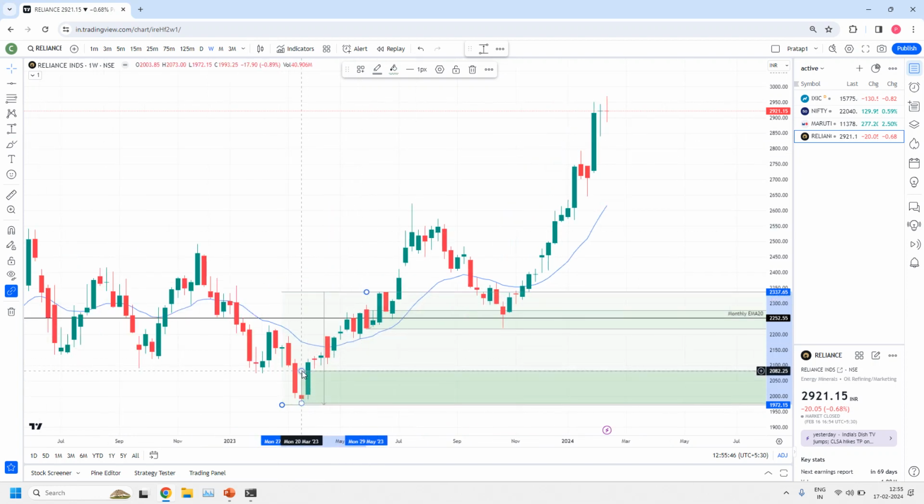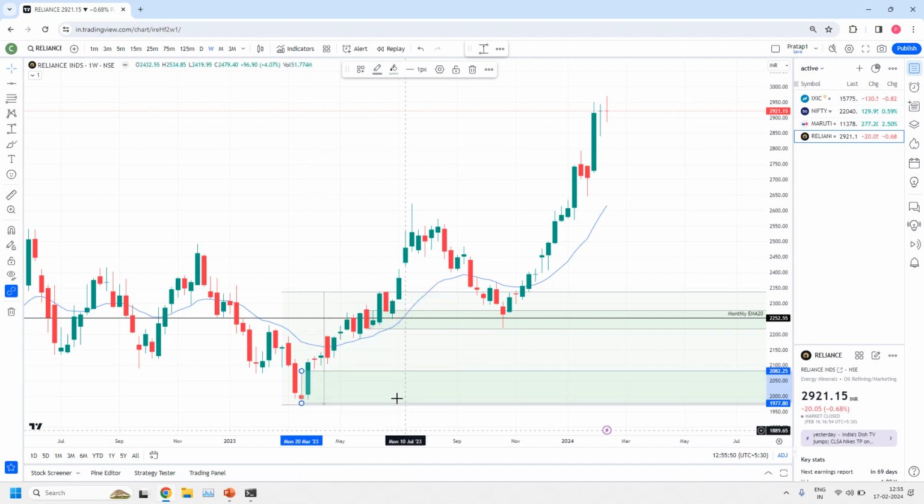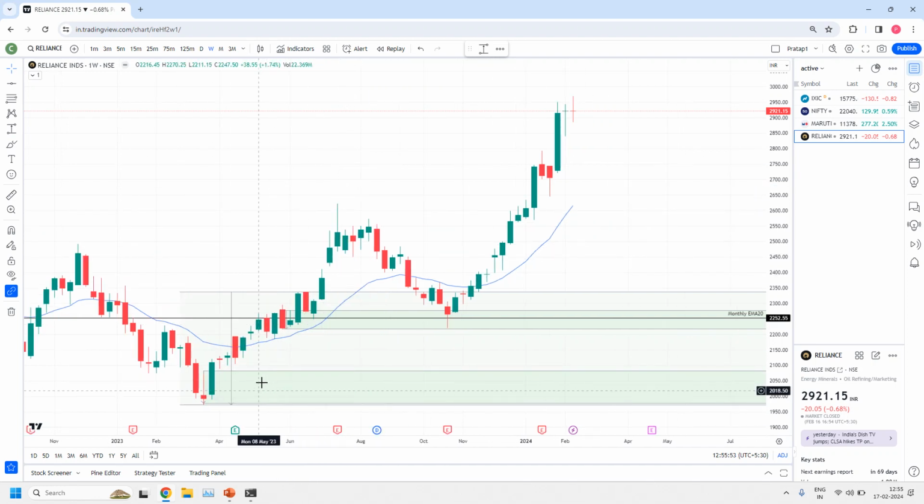Now compare the first weekly zone, and the bottom one is the second weekly zone. Which zone is having monthly EMA confluence? The top one is having monthly EMA confluence. That's why the bottom one is not valid, even though it is a valid inside zone. From the monthly zone confluence point of view, this is the right area where you should plan the trade.